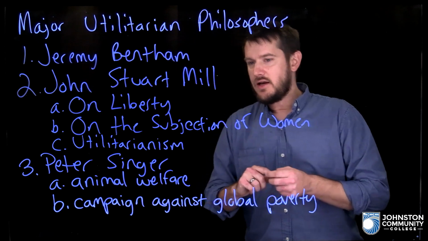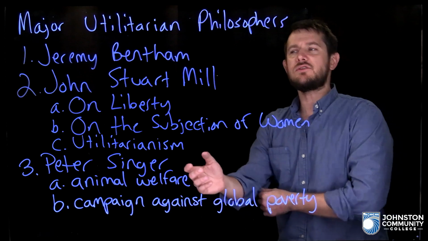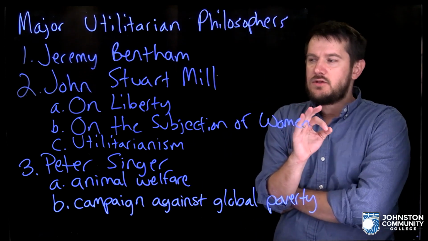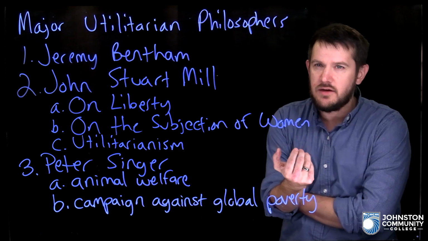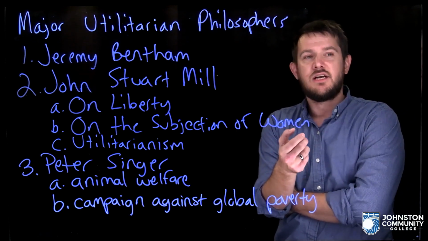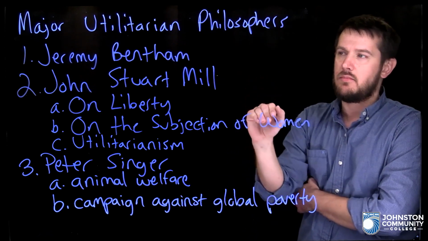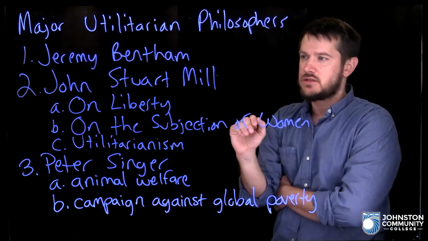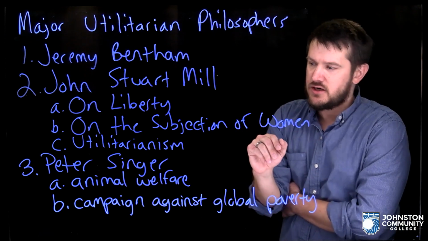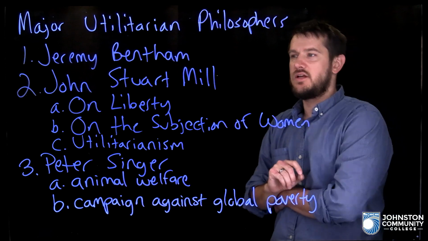Okay, so now hopefully what you're getting here is, first of all, a sense of utilitarianism in the reasoning, but also what I want you to see is the strength of the utilitarian position. The utilitarian theory is a very democratic theory, it's a very egalitarian theory, it's a very progressive theory, it's a very humanitarian theory. The utilitarians, like Jeremy Bentham, were among the first abolitionists. Like John Stuart Mill, were among the first feminists. Like Peter Singer, were among the first real animal welfare advocates of the 20th century.